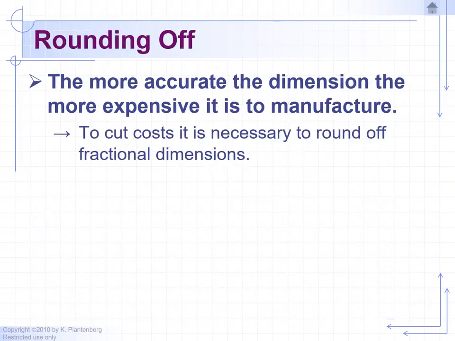Now, the more decimal places you use, 3 decimal places or 4 decimal places, for example, you're asking for more accuracy. The more accurate the dimension, the more expensive it is to manufacture. So if a machinist sees nothing but 3 decimal places or maybe 4 decimal places, then the machinist has to go slow to guarantee the accuracy of those dimensions.